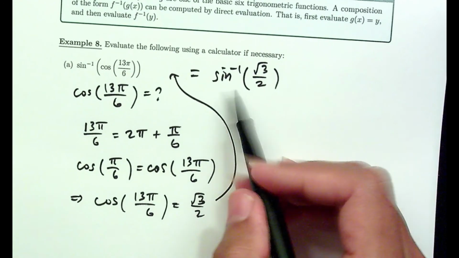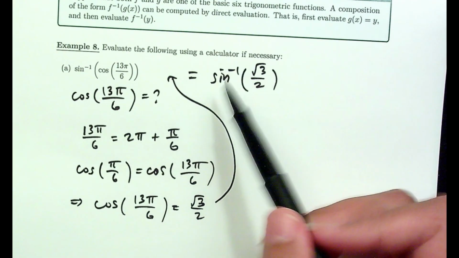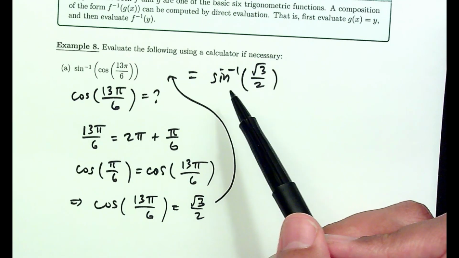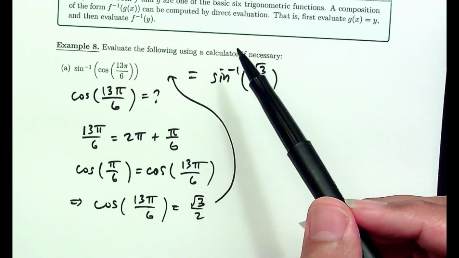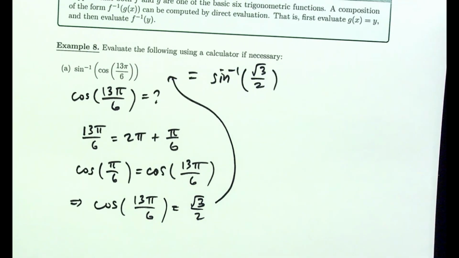Now all you have to do is think of an angle between negative pi over 2 and pi over 2, because that is what sine inverse is going to always spit out, an angle between negative pi over 2 and pi over 2, whose sine is square root of 3 over 2. And again, this is a special angle, so you really should know this one from memory. Thinking about it, it really should be pi over 6. I mean pi over 3.